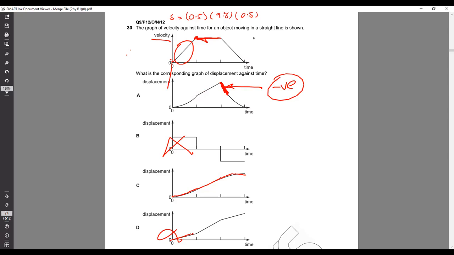No. So that cannot be the answer. So the answer is C. Because in first, its gradient is increasing. Then its gradient is constant. Then gradient stays positive but decreases to 0. Got it? So you have to apply the concept of the gradient and the y-axis step by step.